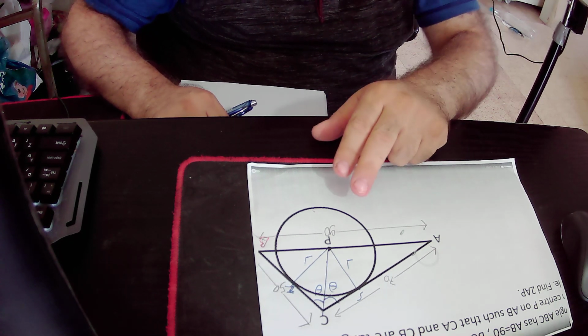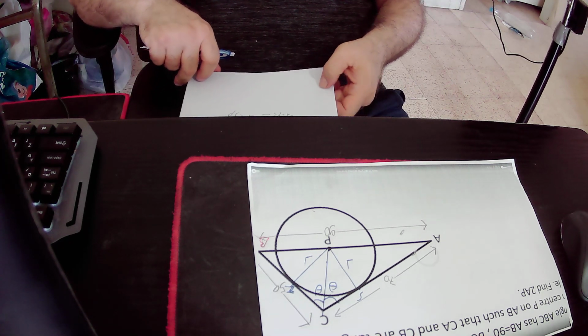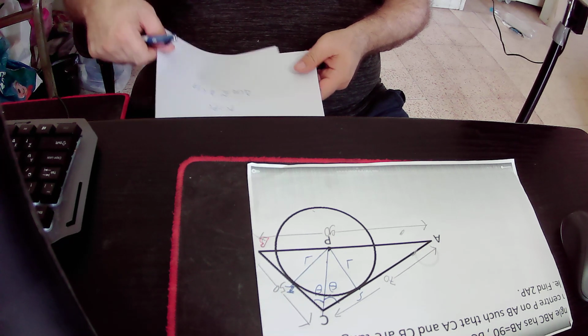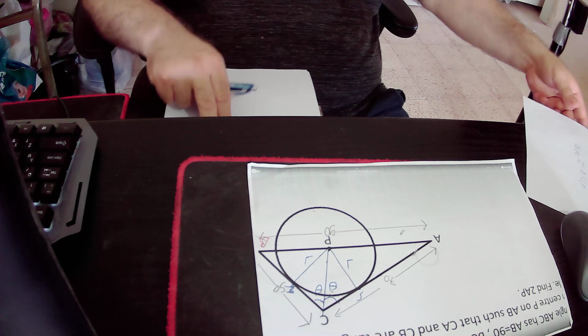So, if we look at triangle ABC, I will draw it again.